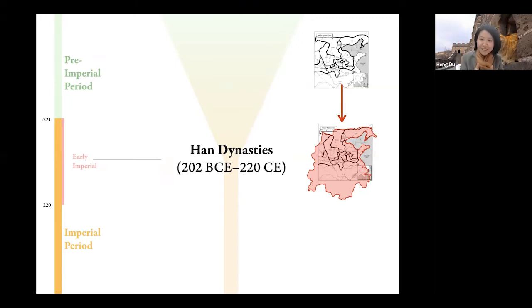That's what my diagram is trying to show, or this filter for how we think about the history before the imperial period, the pre-imperial period, and the way the early imperial period shaped the transmission of knowledge is integral to this process of transformation from what we might call before unification, right? Basically this process of empire formation.